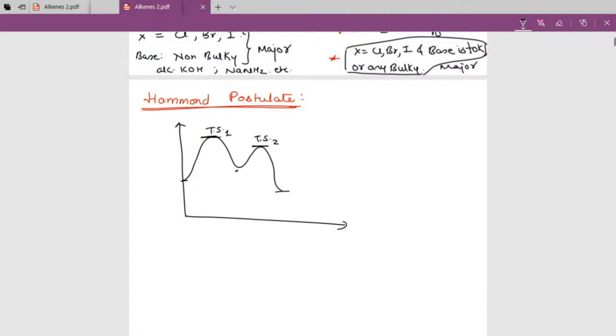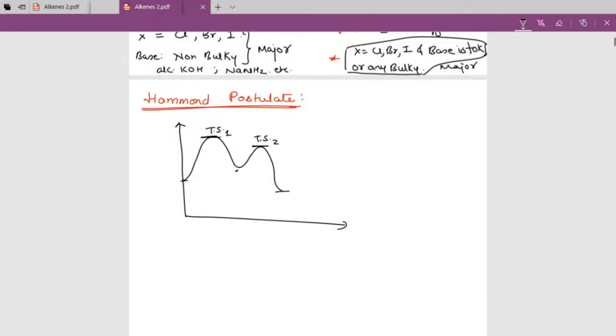Now transition states you cannot find. They cannot be isolated, they cannot be studied as free species. We don't know what their charges will be, how they will behave, and all those things.